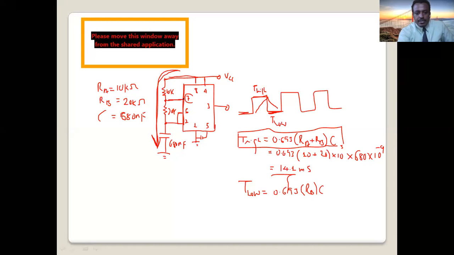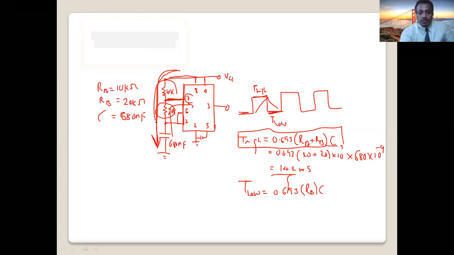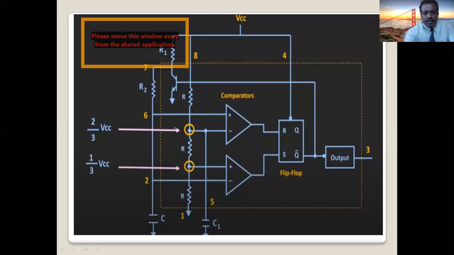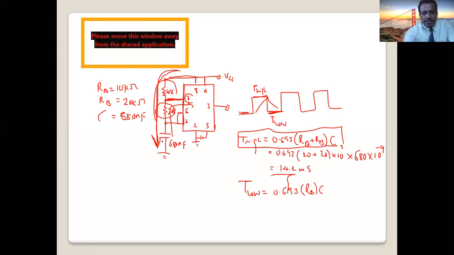Now when the transistor at pin number 7 is on, the capacitor discharges through pin number 7. So when it discharges, only this resistor comes into the picture. When it's charged, both resistors come into the picture. Okay, so you have to know the charging path and the discharging path. In the discharging path, we have only RB. Okay, so how much is T low? 0.693.